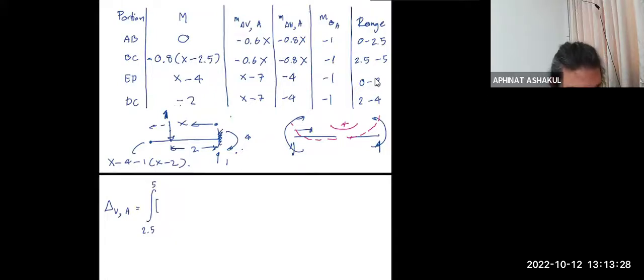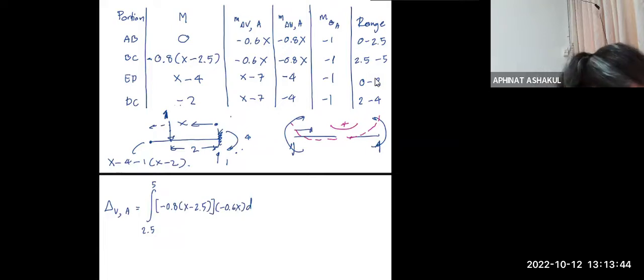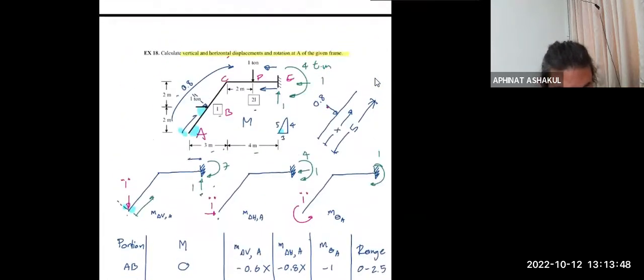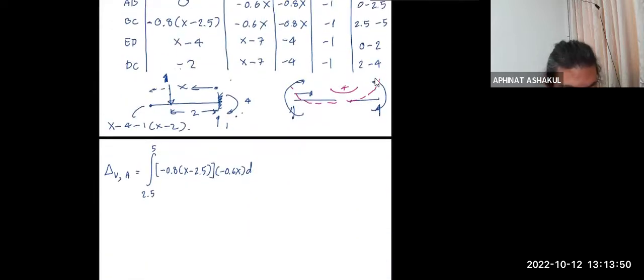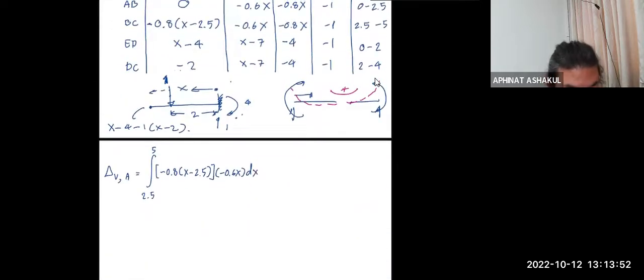Minus 0.8 multiplied by x minus 2.5. This is multiplied by minus 0.6 x dx. Do we have constant EI? No, we don't. That's 1I, that's 2I, so be careful. dx over EI.